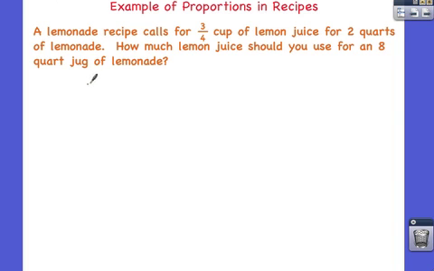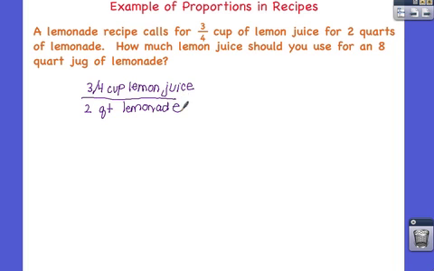So we know that we're using 3/4 cups of lemon juice. Notice how I am labeling. For every 2 quarts of lemonade. So what I'm doing is writing down the ratio or fraction of lemon juice to lemonade.